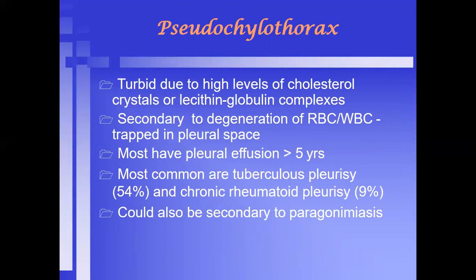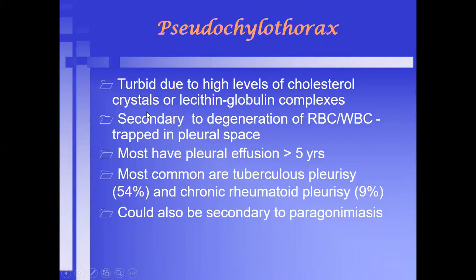As mentioned, your pseudochylothorax is not due to the presence of your chyle. You will notice that the fluid is turbid, but this is because of the presence of cholesterol crystals, also known as your lecithin globulin complexes.